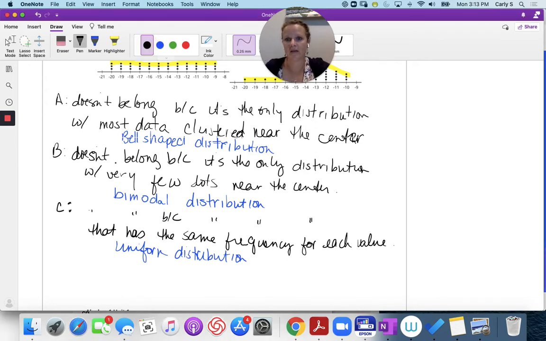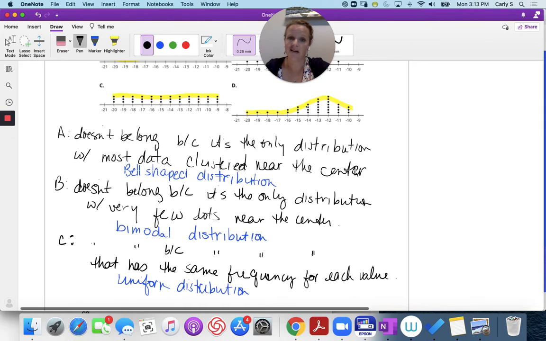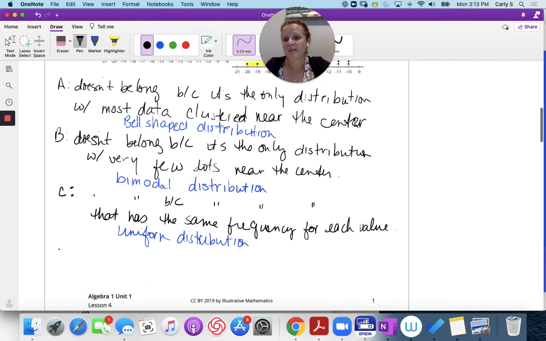Let's look at D. Why do we think D doesn't belong? Looks a little funky, right? Goes over to the side a little bit. So we can say that D doesn't belong because it's the only distribution that's skewed.